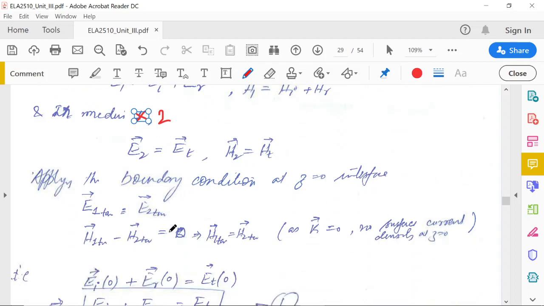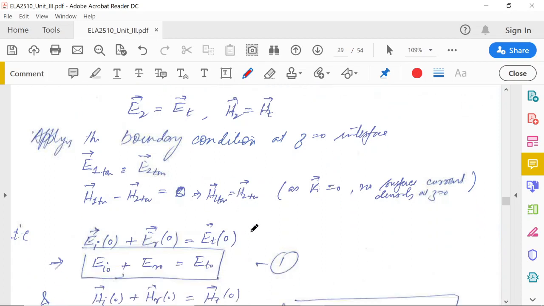Applying the boundary conditions, the tangential component of the electric field in medium 1 is the same as the tangential component of the electric field in medium 2. Here again, there is no surface current density, so we can have K equals 0. It is the same case for the magnetic fields.